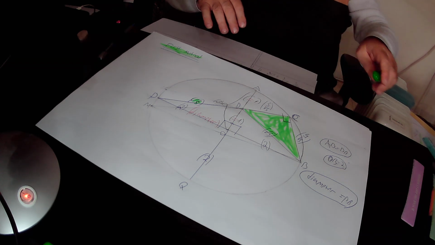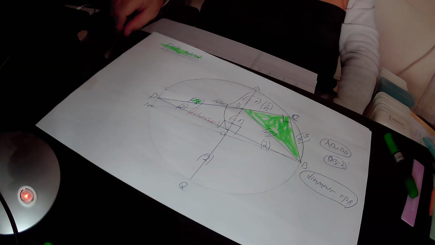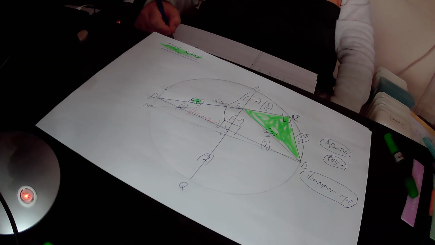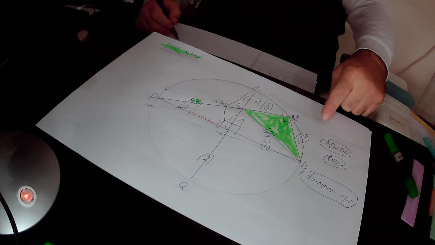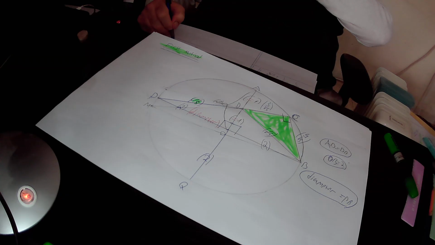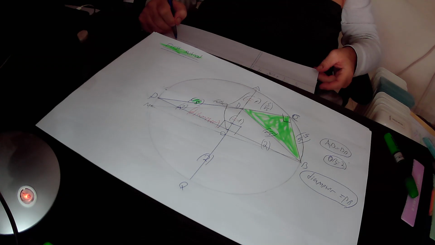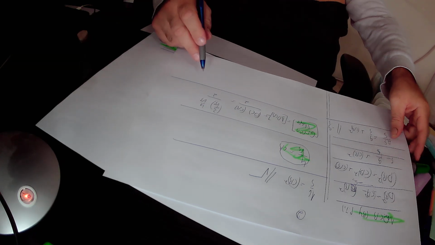We found that the base DC equals 3 over square root of 5, times the height CB. The height CB equals 4 over square root of 5 units, all divided by 2. So in total, the area of the green shape equals the value of this expression.